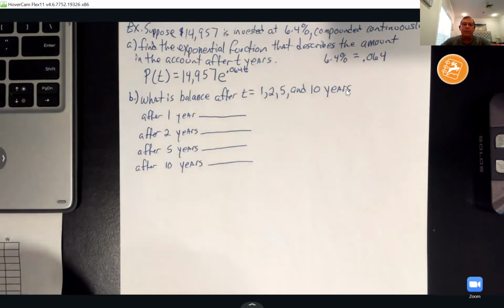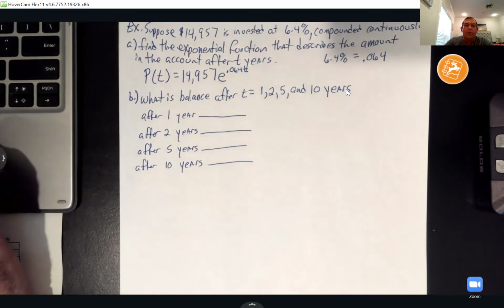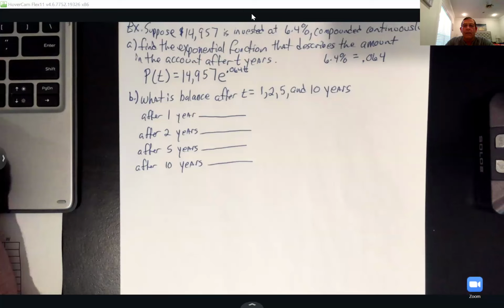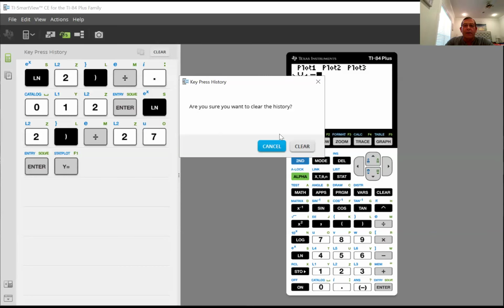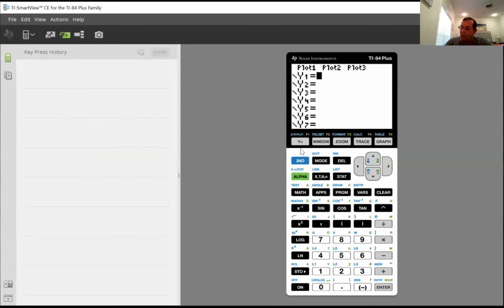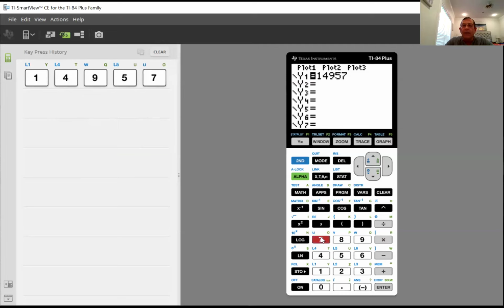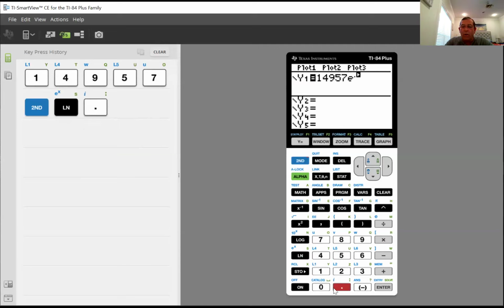So I'm going to show you how to do this on your calculator, okay? So I'm just going to punch that into my y equals. I'm going to clear the side over here. Now, I'm going to put in my formula, 14,957 E, so I'm going to use the second ln to get the E with the exponent, and then it'll be 0.064.